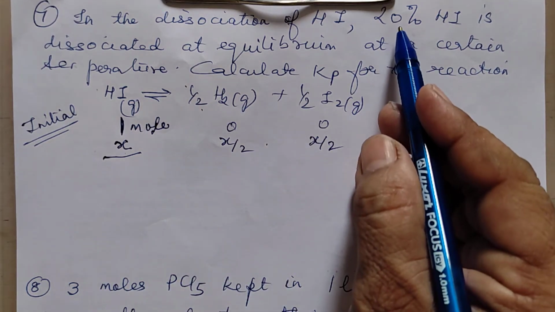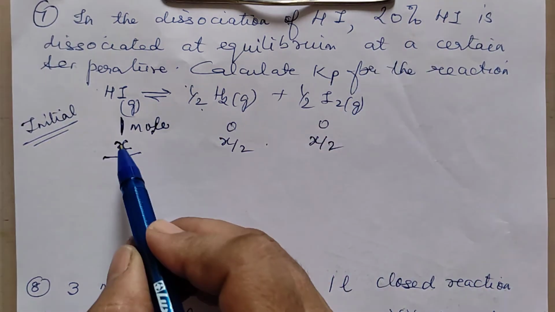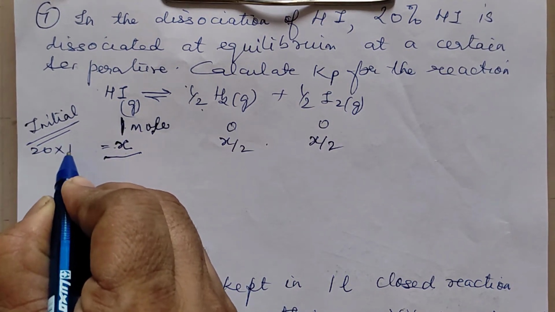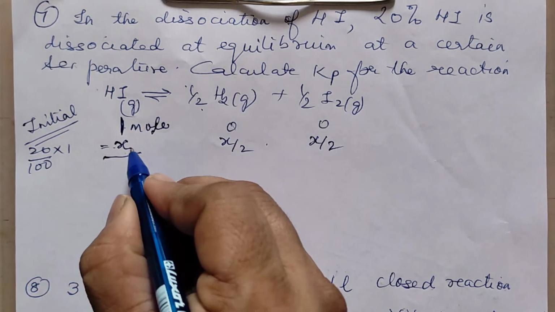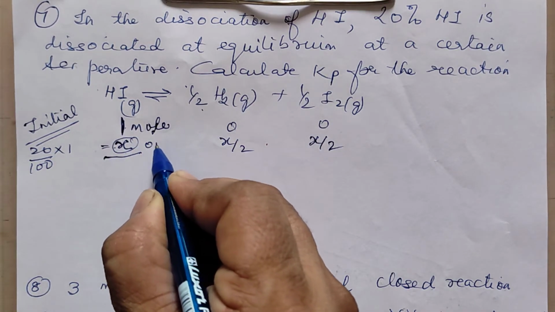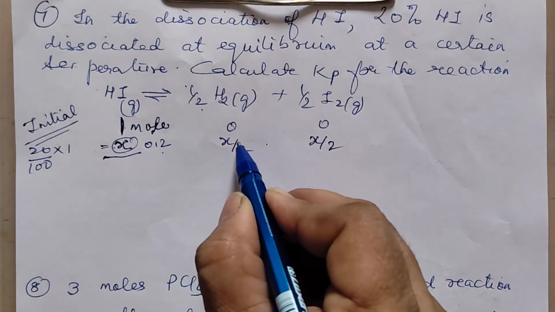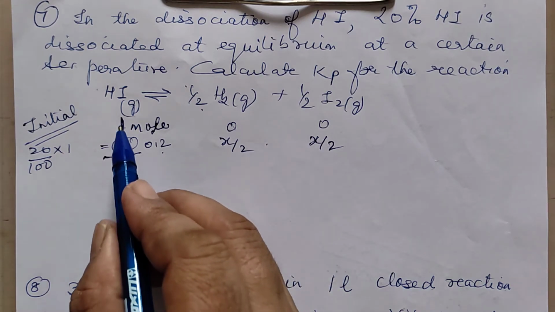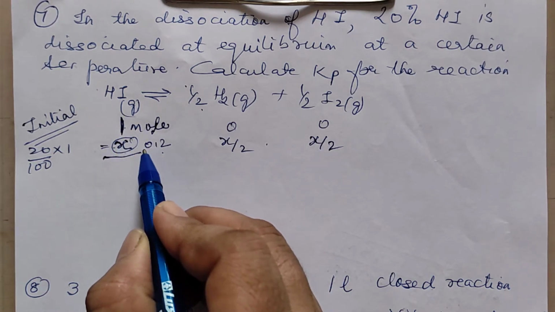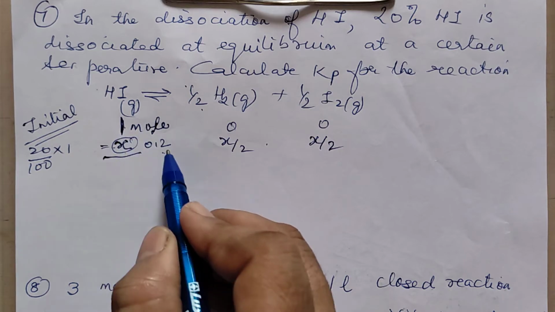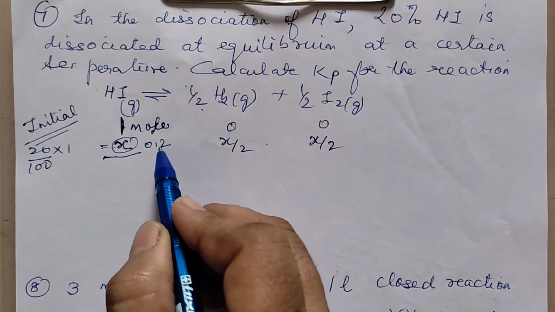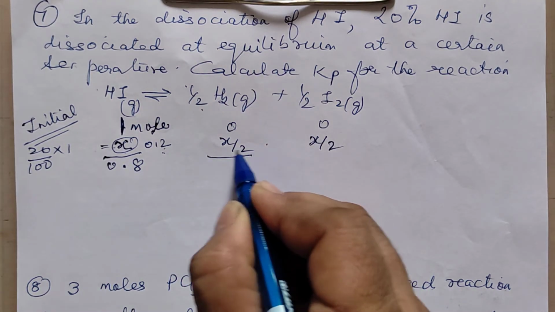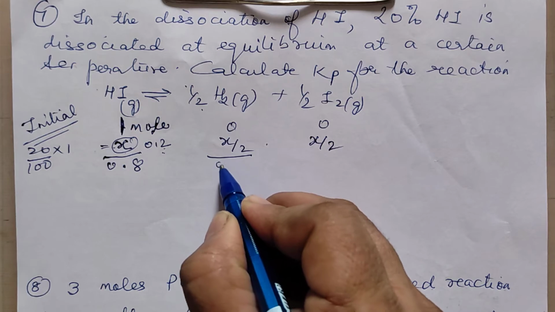What is this X first? Let us find. This X is nothing but 20% of 1. What is 20% of 1? It's nothing but 0.2. So if this is 0.2, this divided by 2 will be 0.1. If I take 1 mole of it, of which 0.2 has reacted, how much is left over? 1 minus 0.2 means leftover will be 0.8. The X value was 0.2, so this is 0.1.